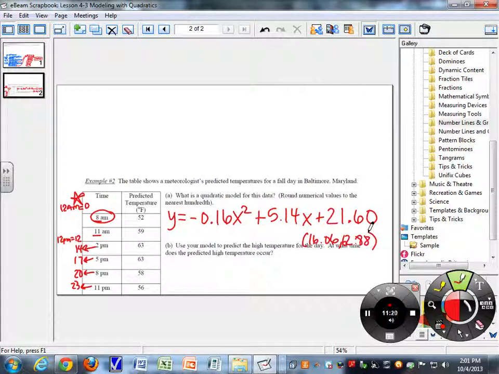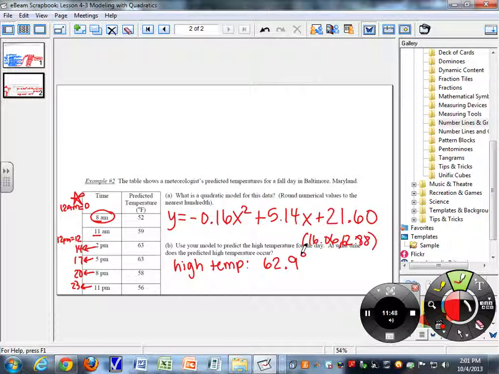So the high temperature, the y values were the temperature, so I would expect the high temperature to be that 62.88. And they gave all of theirs in whole number degrees, so depending on how accurate you want it to be, or 62.9 degrees. That's what I would expect the high temperature to be.